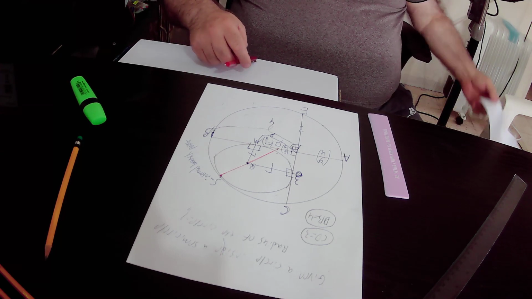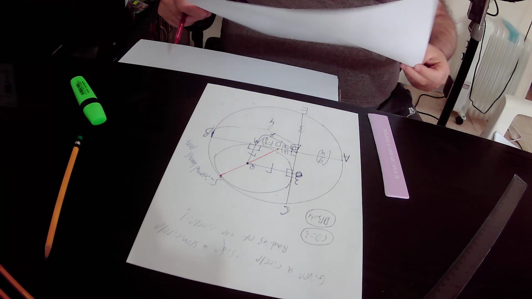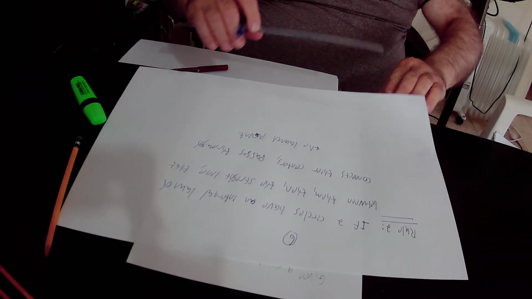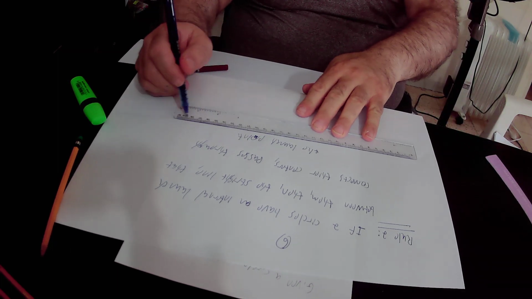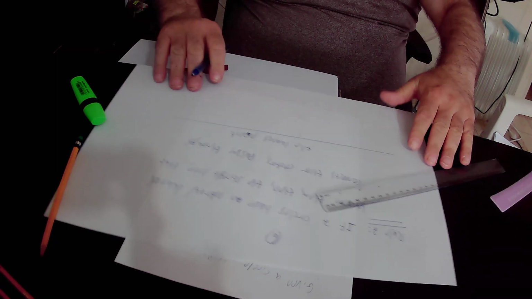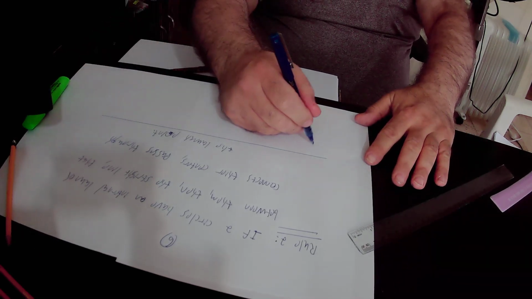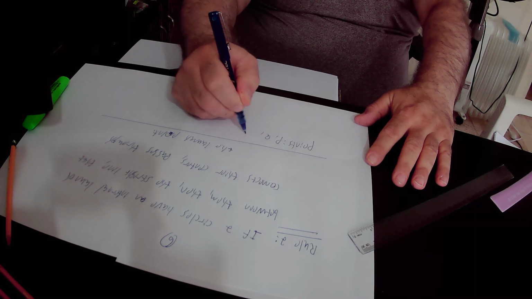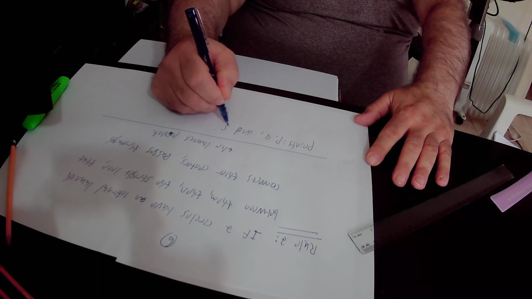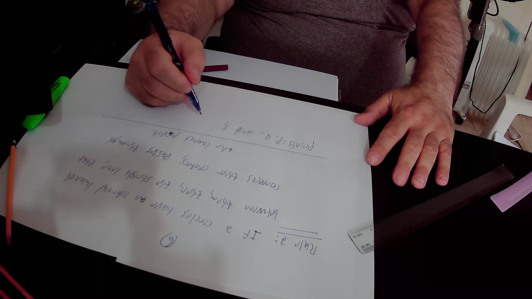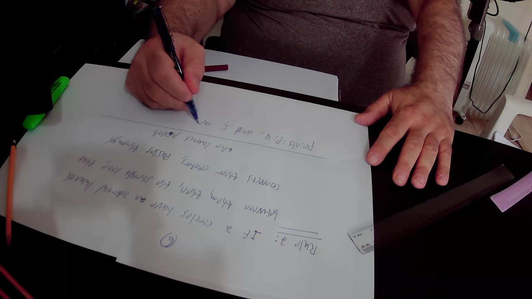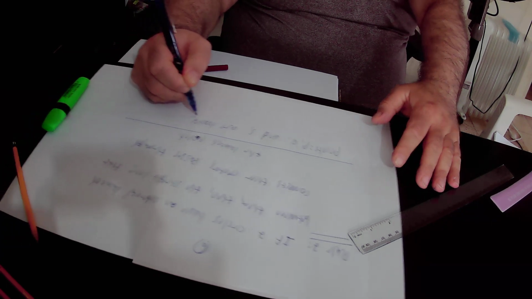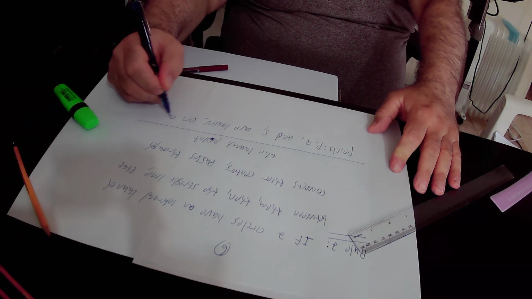So you can derive from rule number 2 that points P, Q, and S are located on one straight line.